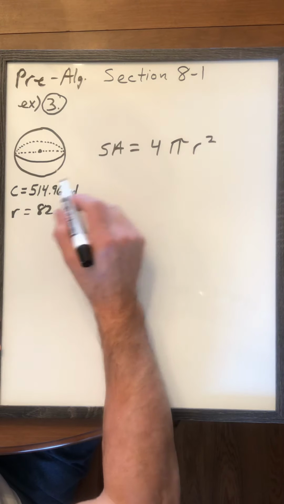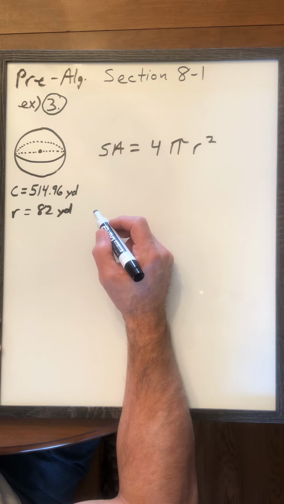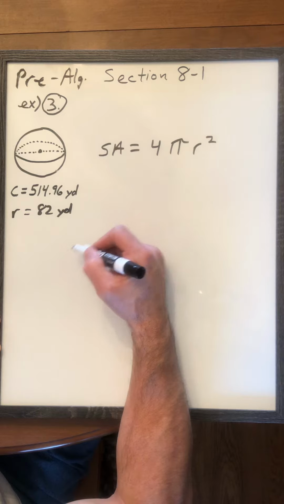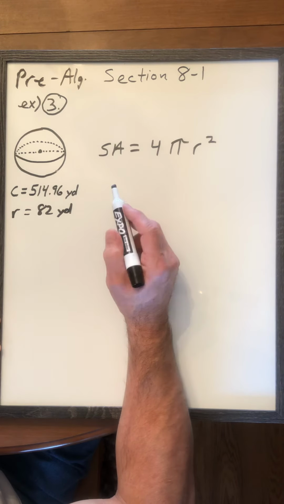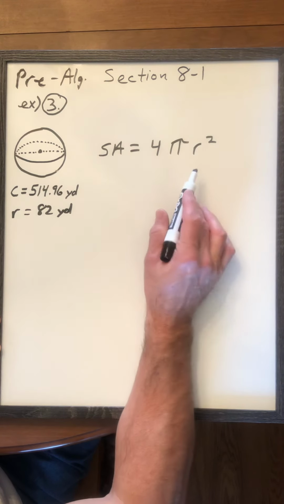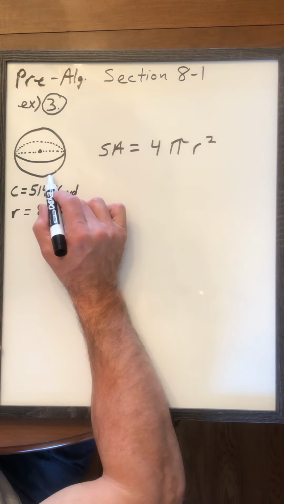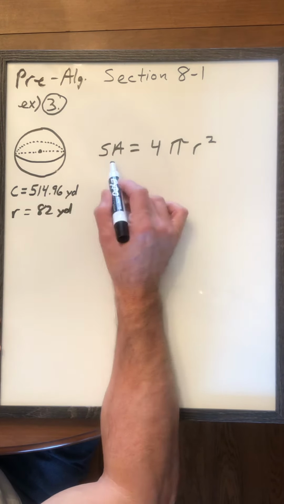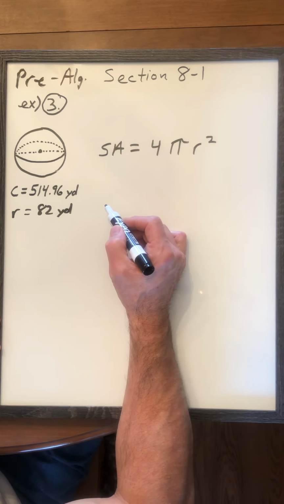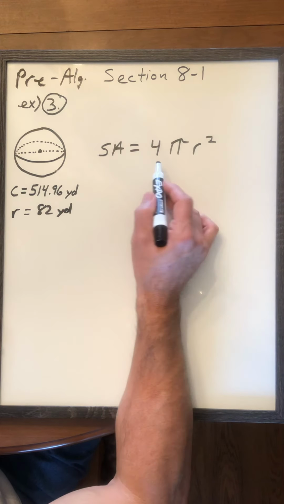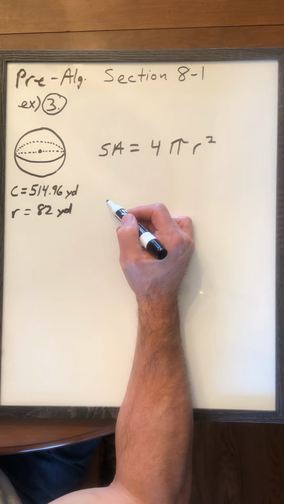So always when you're doing a problem and they want you to find either surface area, and later on we're going to be finding volume, write down the formula first. So you know what formula it is. Dealing with a sphere, make sure you write down the correct formula. So surface area equals 4 pi r squared.